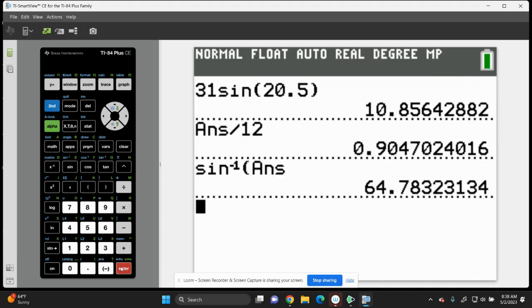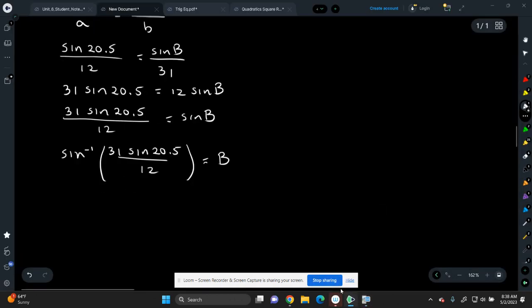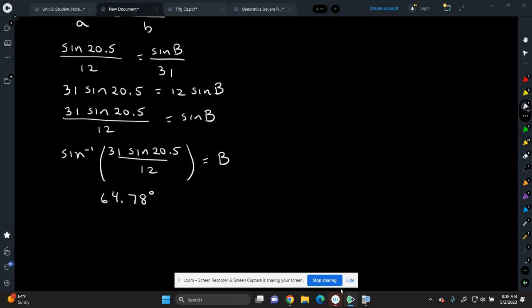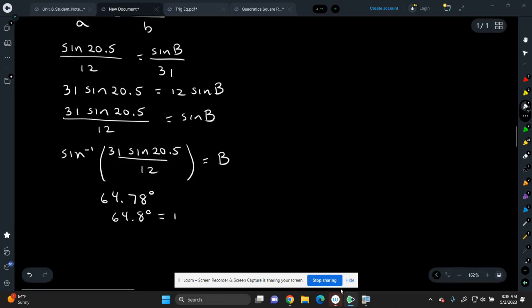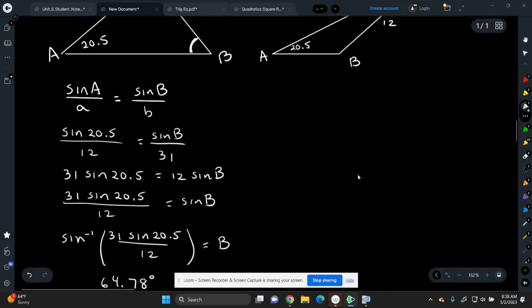And I get 64.78 degrees. So we're going to round that to 64.8 degrees. So that means I'm saying that this angle is 64.8 degrees.